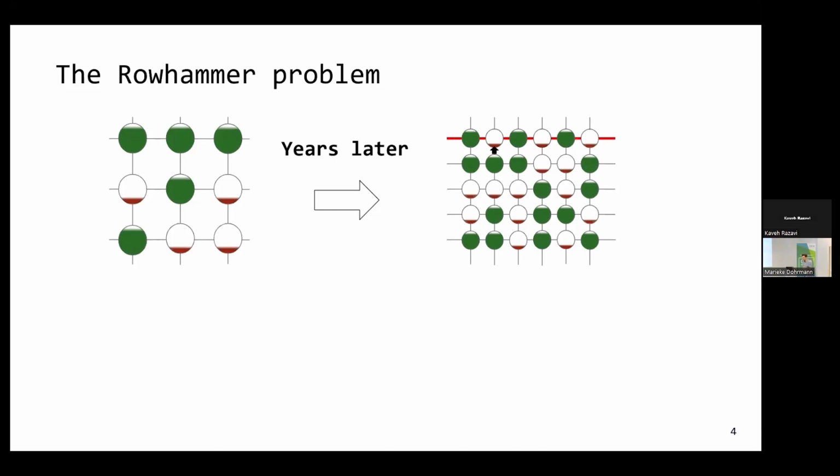But what people have discovered is that between two refreshes of a piece of data, if you access one row of DRAM very, very quickly, some charge starts to leak from adjacent rows.